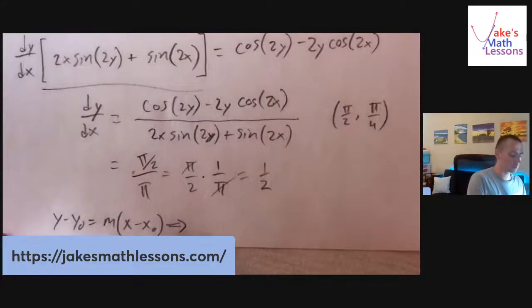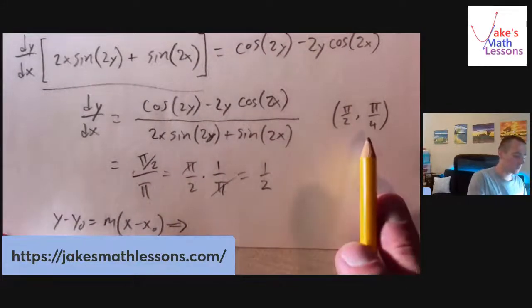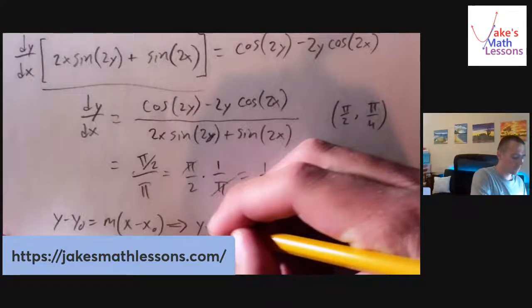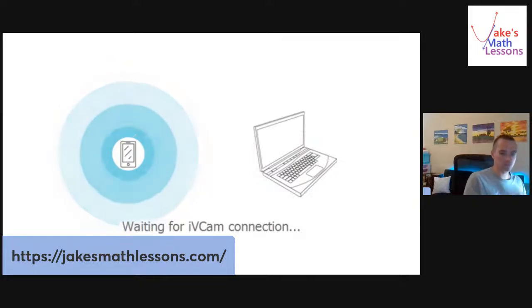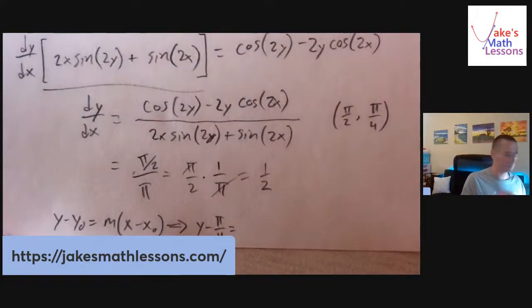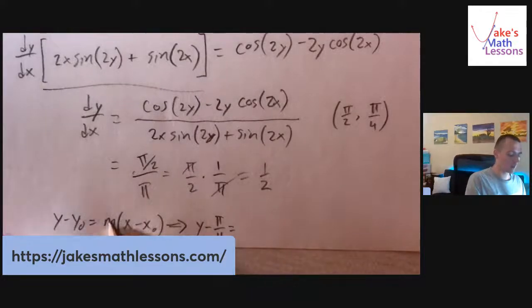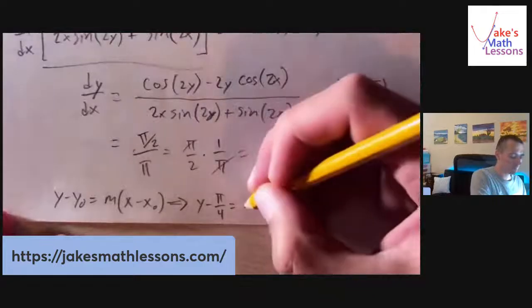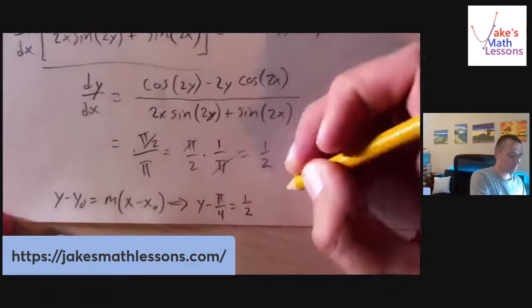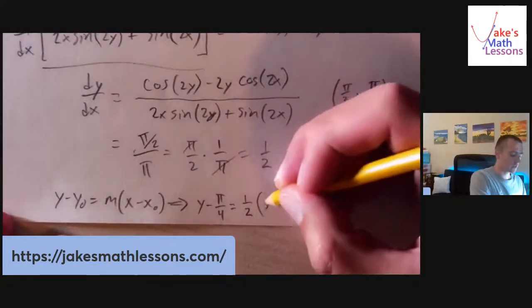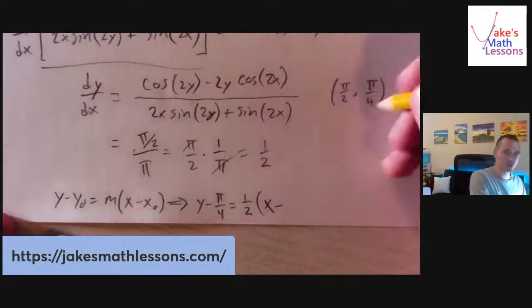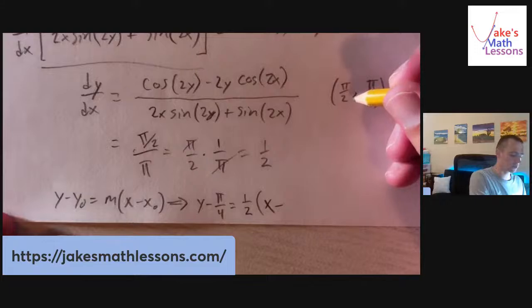So we can replace y0 with pi over 4. We can replace m with the slope that we just found here, 1/2. x is just going to stay as x, and then we can replace x0 with the x coordinate we know that this needs to go through, which is pi over 2.